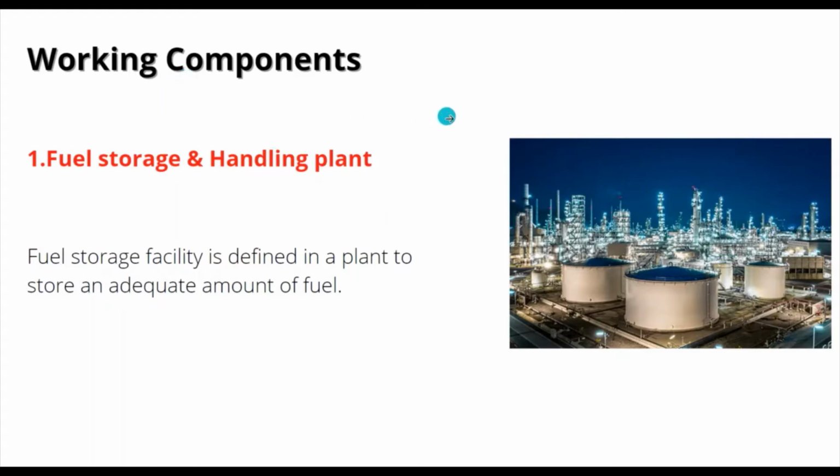So let us see the working components of the thermal power plant. Firstly, the fuel storage and handling part. It is the most essential part because it is used to store the fuel safely in an appropriate amount so that the plant can run smoothly if there is a shortage of fuel. So a fuel storage facility is defined in a plant to store an adequate amount of fuel.